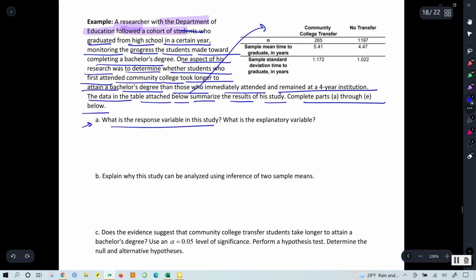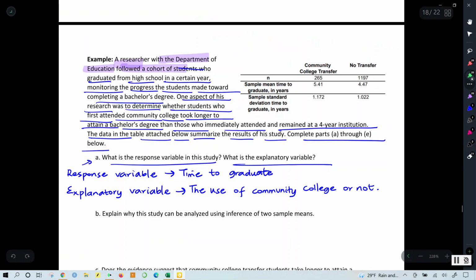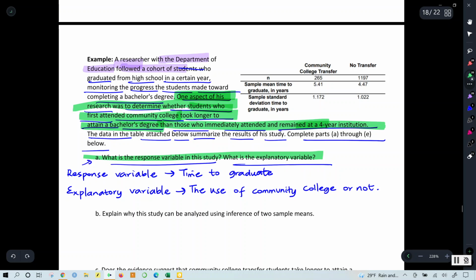Question A. What is the response variable in this study? What is the explanatory variable? In order to answer this question, we can go back to the question and note this line. One aspect of his research was to determine whether students who first attended community college took longer to attain a bachelor's degree than those who immediately attended and remained at a four-year institution.